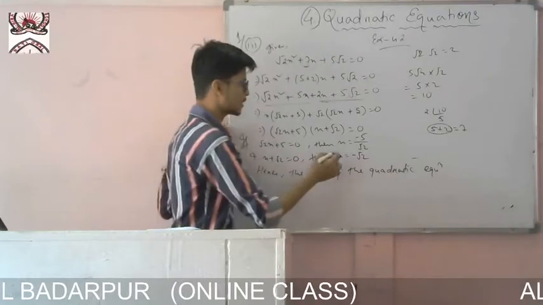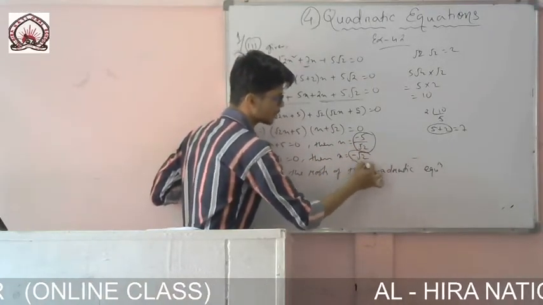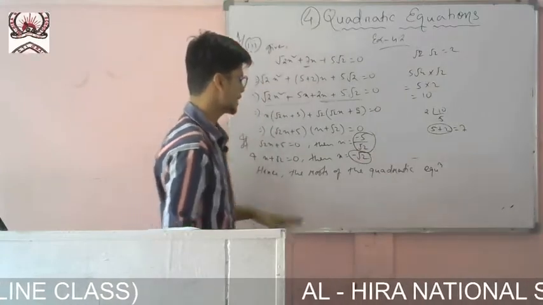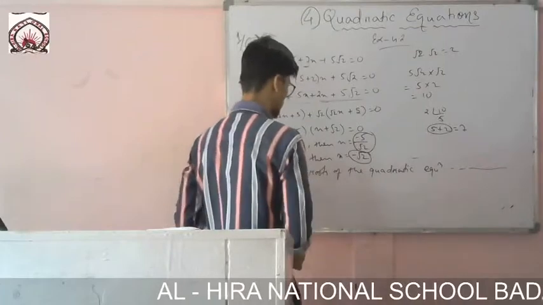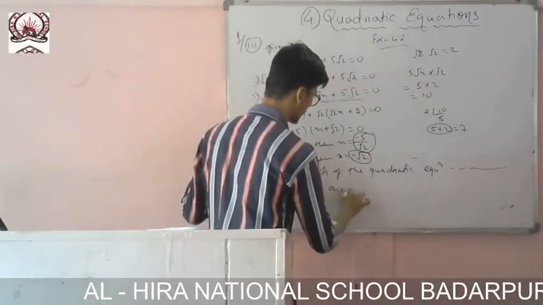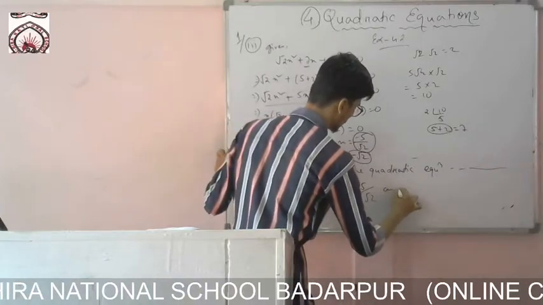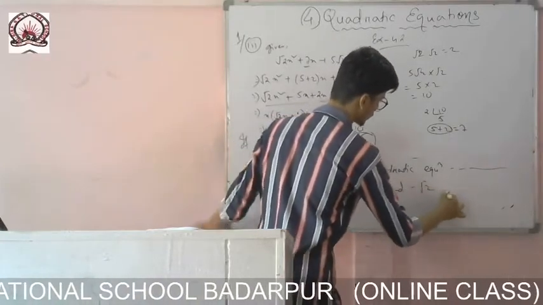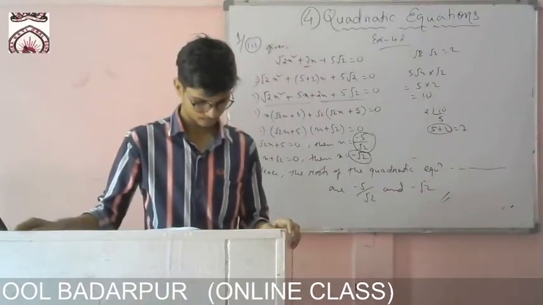So hence the roots of the quadratic equation are minus 5 by √2 and minus √2.